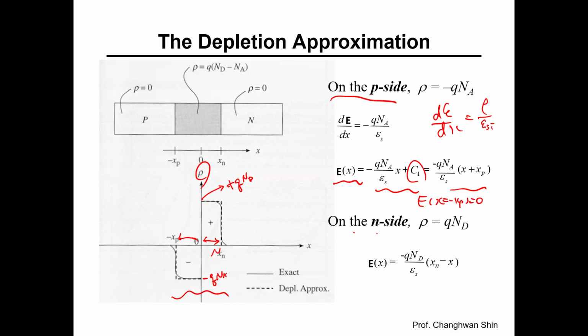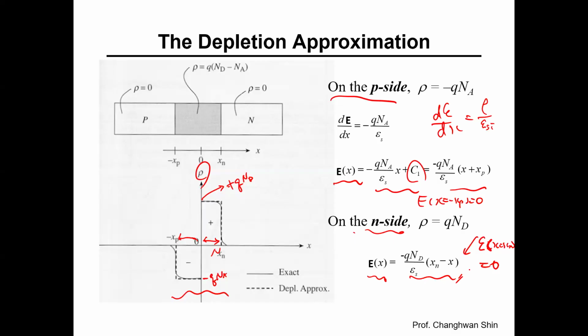So similarly, on the N side, the electric field is equal to this. Again, we have used the boundary condition that the electric field at x equals xN is equal to 0. These equations give us the electric field throughout the junction.